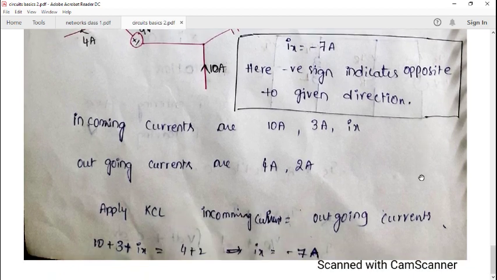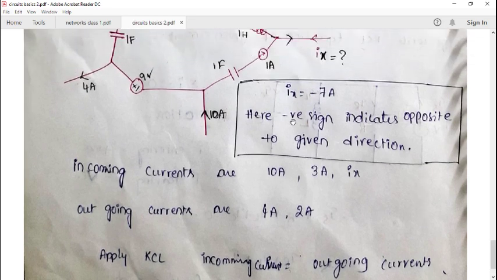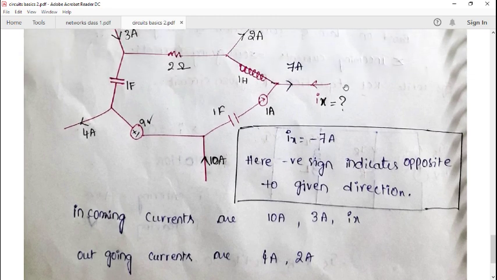When we solve that, Ix is minus 7 ampere we'll get. Minus 7 indicates negative sign. So the question paper setter has given current going into the circuit, but what we actually got is 7 ampere coming out of the circuit. That negative sign indicates the opposite direction to what he has given in the question. So this 7 ampere is the answer.